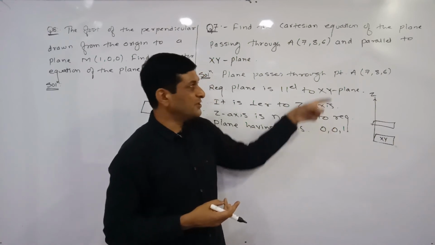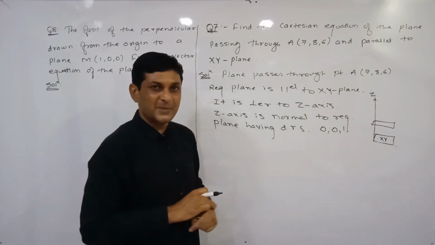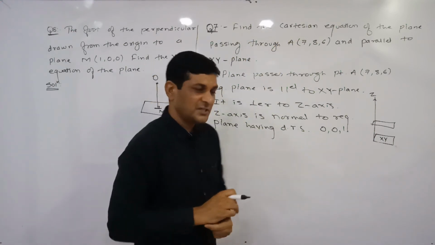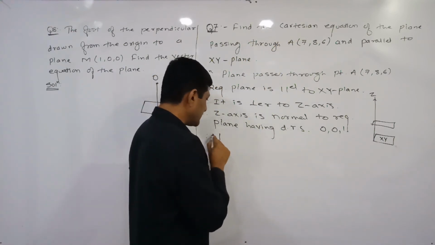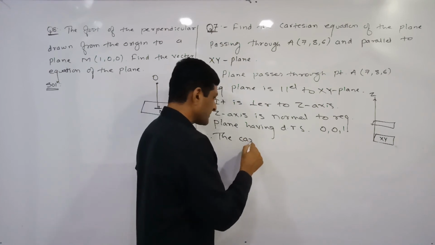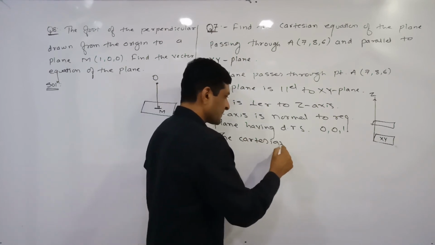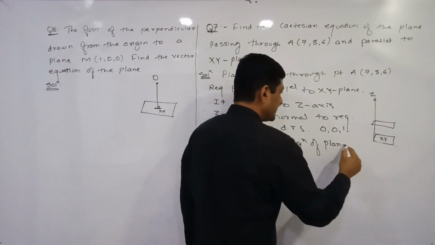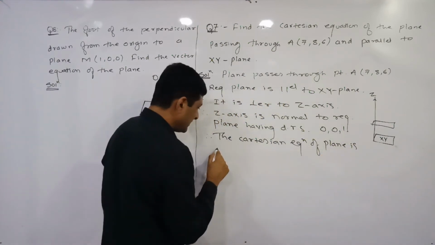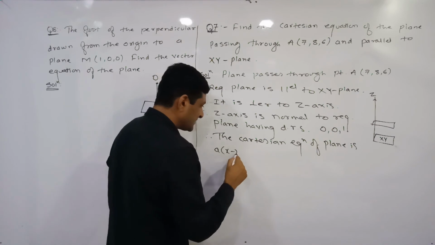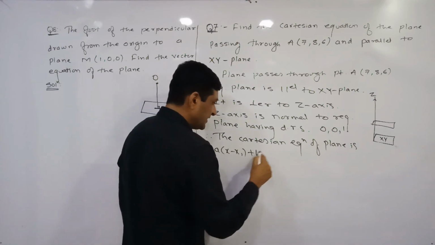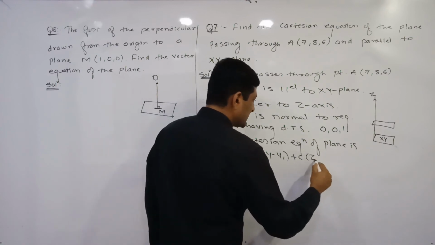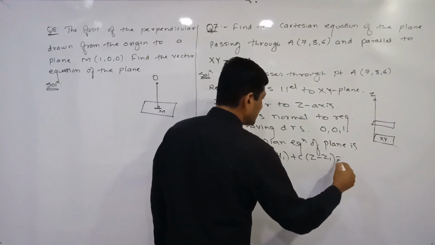Once the direction ratios and coordinates of one point on the plane are known to us, we have a formula to find the Cartesian equation. So the Cartesian equation of plane is a into x minus x1 plus b into y minus y1 plus c into z minus z1 is equal to 0.